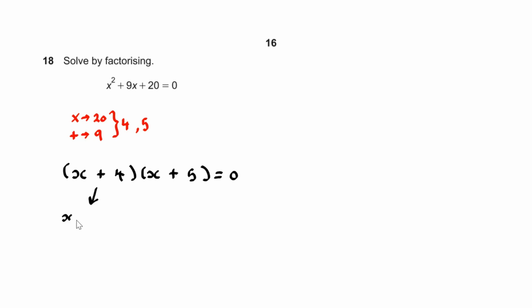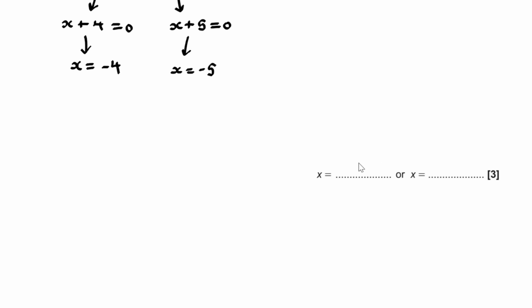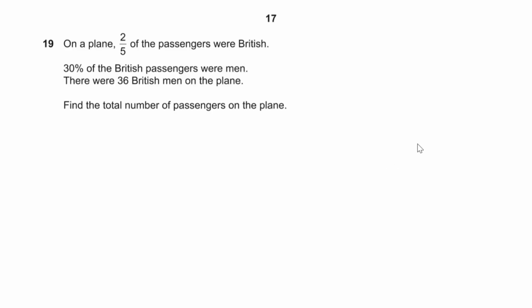So, x plus 4 is either equal to 0 or x plus 5 is equal to 0. From which you can see x is either equal to minus 4 or x is equal to minus 5. So we've got x equals minus 4 or x equals minus 5.